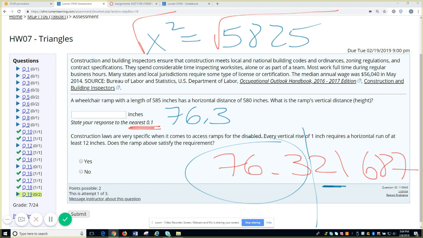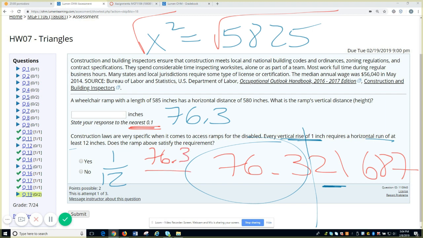Now, the next question says that the laws are specific about the ratio of the vertical rise to the horizontal run. And so that ratio should be 1 to 12, for the vertical to the horizontal. Our vertical distance is 76.3.